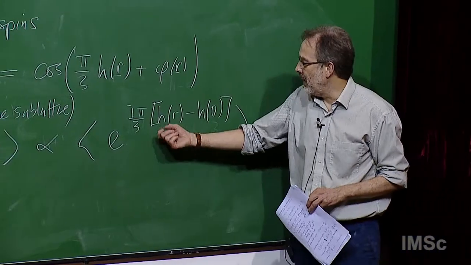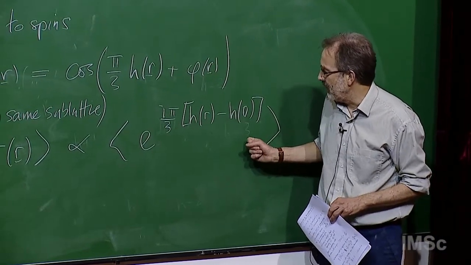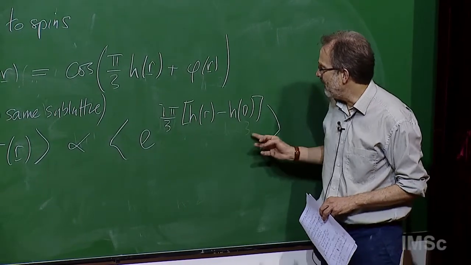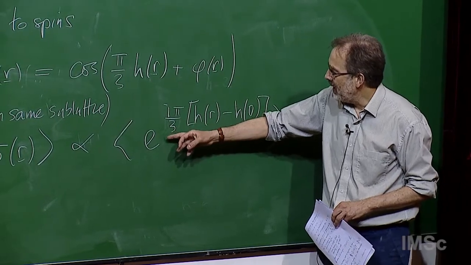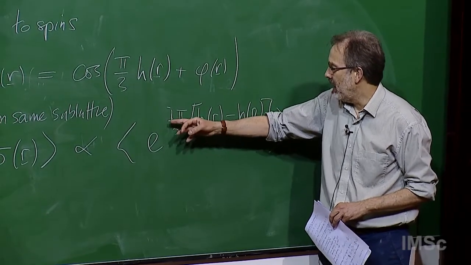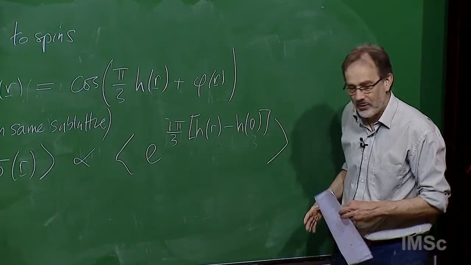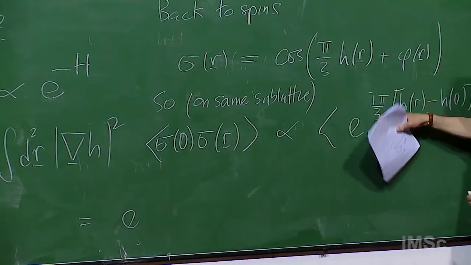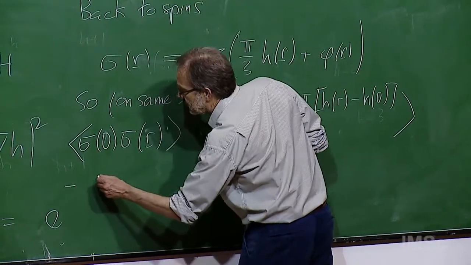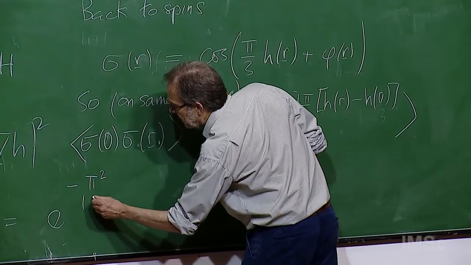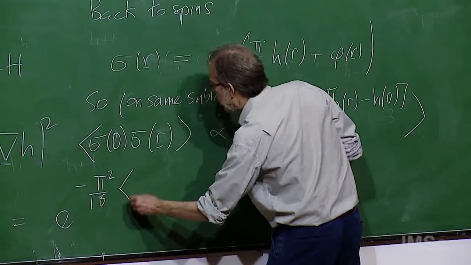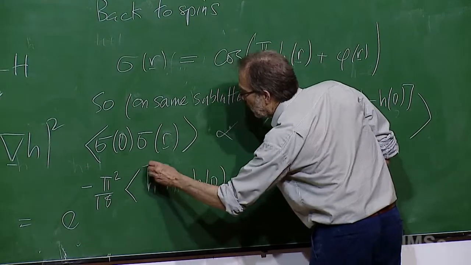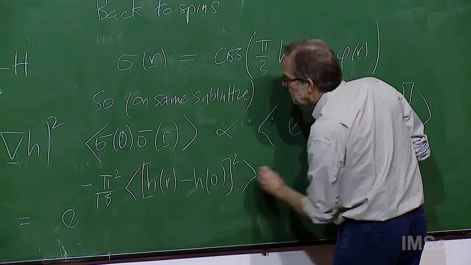And in fact, it's a general result about the average of Gaussian distributed variables that the average of this exponential would just be the exponential of half times the average of the square. So this is, in fact, just e to the, and then squaring this, we get a minus sign, so it's minus pi squared over 18 times the average of h of r minus h of 0 squared.